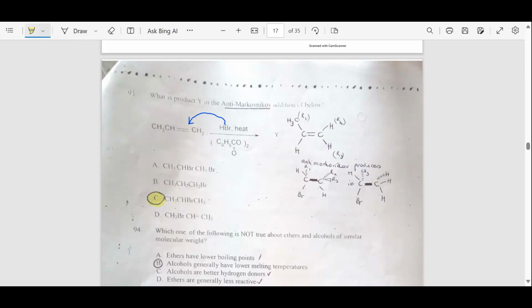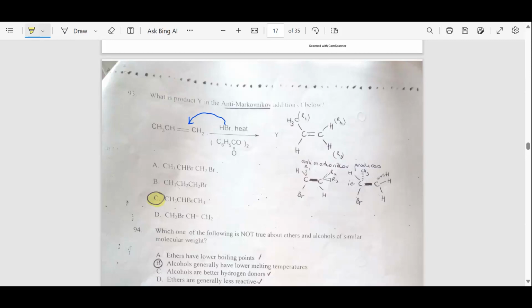So that's just how addition reactions work. The double bond or the triple bond, they just work on those unsaturated bonds. It breaks and it forms. You add the molecule to the reactant to form your new product. So it's the exact same principle as the last two questions, and you'll get C.